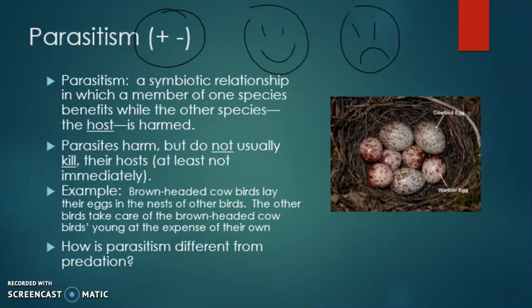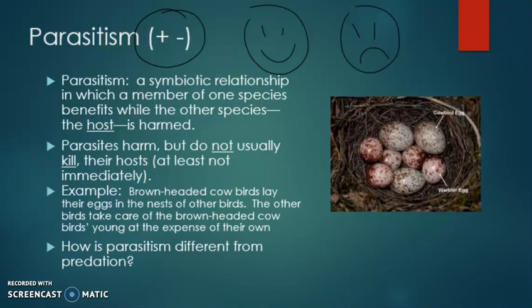But there are other types of examples of parasitism that aren't just things sucking blood. For example, a really interesting example that I put in this picture here is of brown-headed cowbirds and their eggs. Okay, so we've got the cowbird eggs and we've got the warbler eggs, and they're in the same nest, which doesn't make sense, except the cowbird is very tricky, and what it does is it puts its eggs in the warbler's nest, and the warbler takes care of the cowbird's babies.